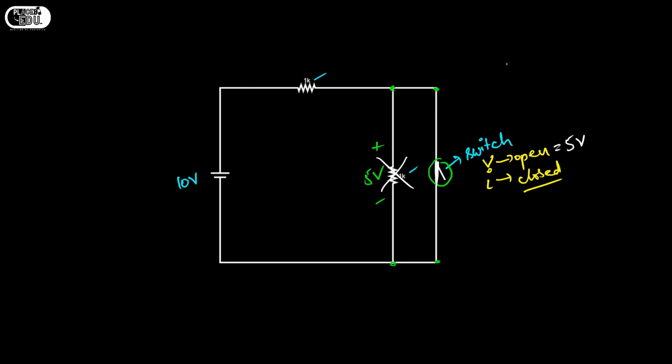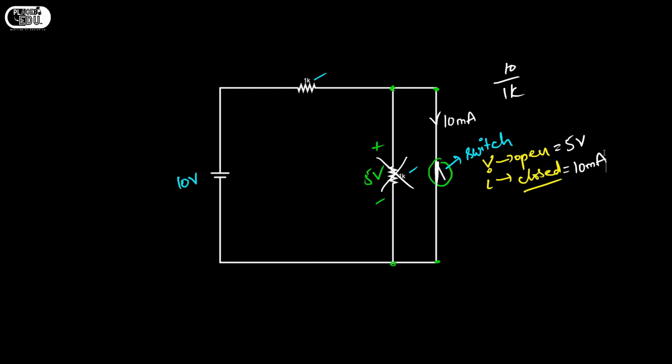So it will be 10 by 1k. So the current will be 10 milliamperes, right? So when switch is closed it is 10 milliamperes. In this way, we can find the voltage rating and current rating, desired voltage and current rating of a switch.